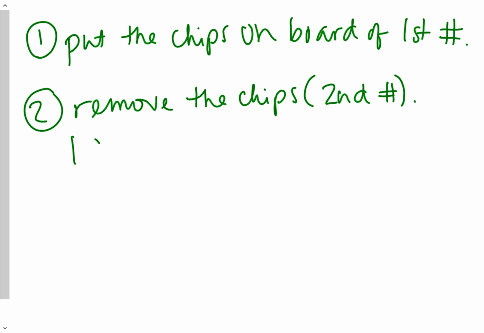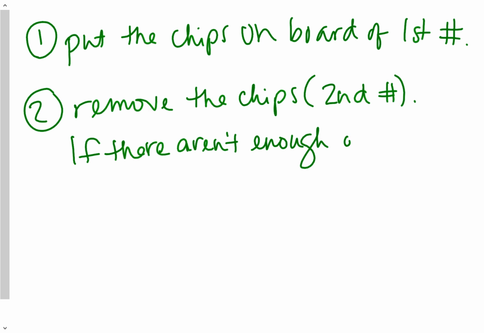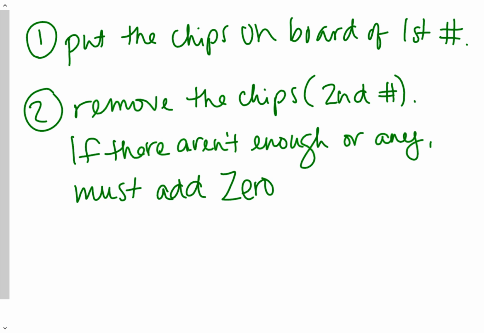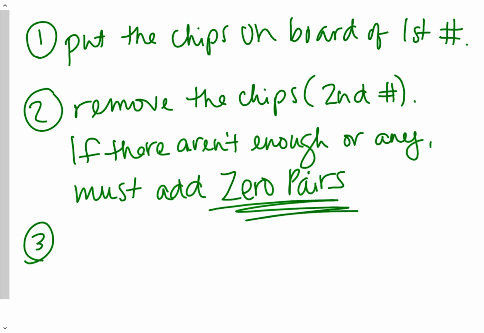If there aren't any, or enough, you must add 0 pairs. Then the third thing, at this point you can actually remove the chips. And the last thing is the remaining chips are the answer.